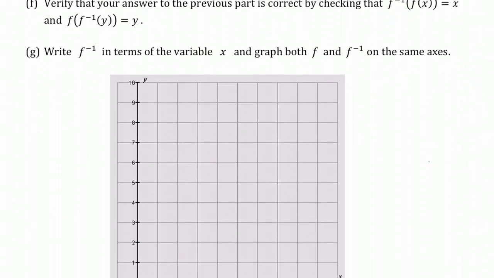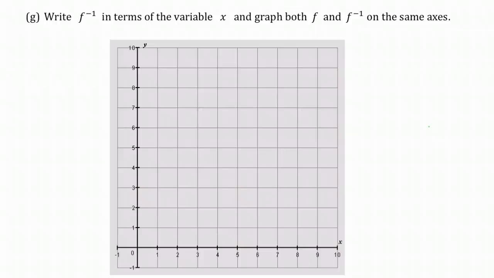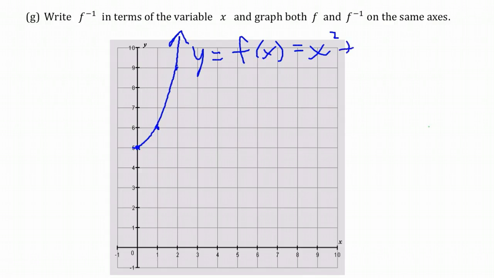Okay, we can also look at this graphically. We know that the function x squared plus 5 shifts the original parabola up 5 units. We're only graphing that for x bigger than or equal to 0, so let's plot a few of the base points. Okay, starting at 5, then we draw our normal parabola. Now looking at that, the lowest point on the graph of that function is at 5.